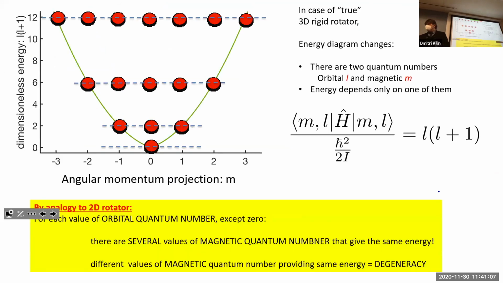So the solution that I offered you and we were considering is not wrong, but it is incomplete if we speak about realistic systems. If it is a real 3-dimensional object that can rotate not only in the x-y plane but in other planes, then this solution will be modified.